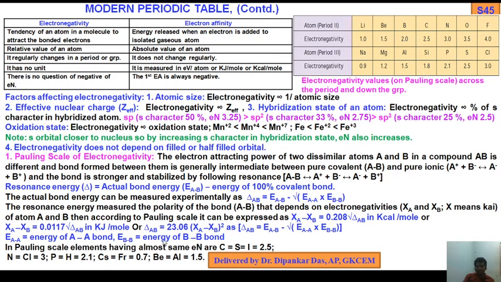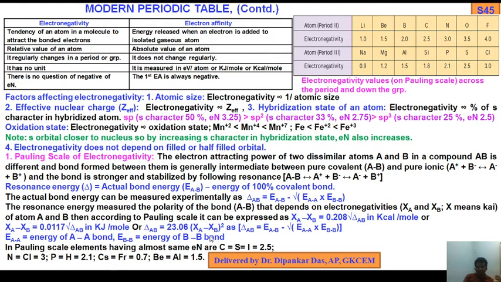So chi A minus chi B equals 0.208 root delta AB in kilocalorie per mole, or chi A minus chi B equals 0.0117 root delta AB in kilojoule per mole, or delta AB equals 23.06 (chi A minus chi B) whole square.